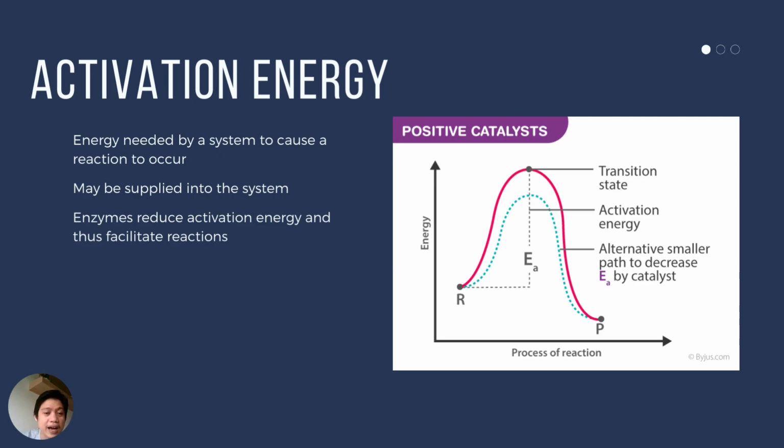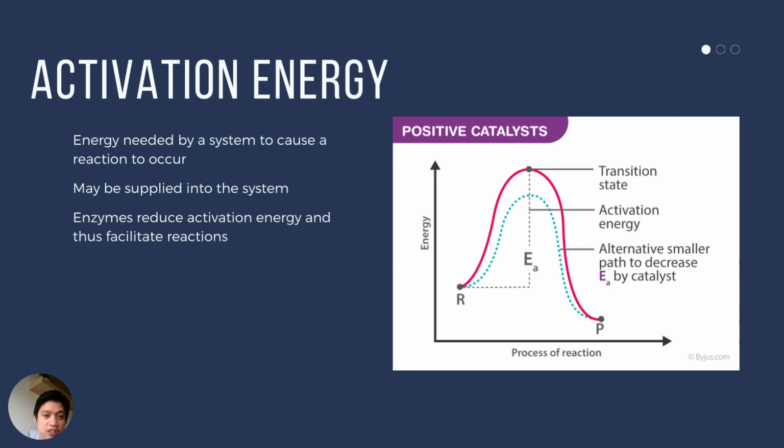What about activation energy? We say activation energy is needed by R so that it can transform into P through the chemical reaction. You have to see that at the peak of this wave, you have the transition state, which is the state of highest energy.